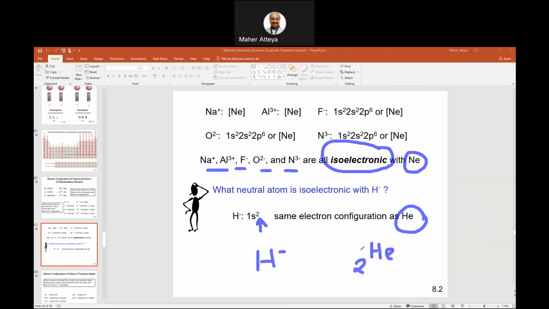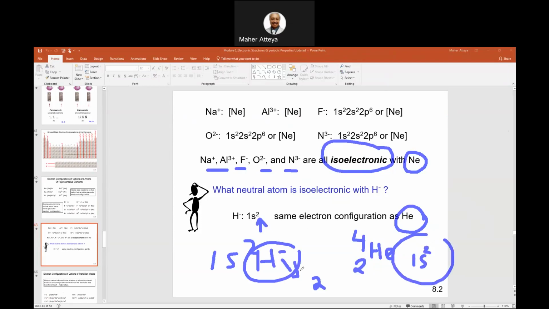Atomic number is 2 and atomic mass is 2 electrons. So the structure of this is 1s2, the same for this as well. So helium and H minus have the same electron configuration.